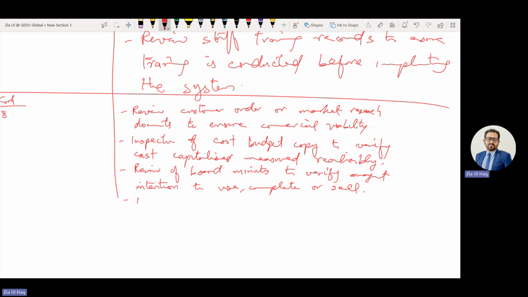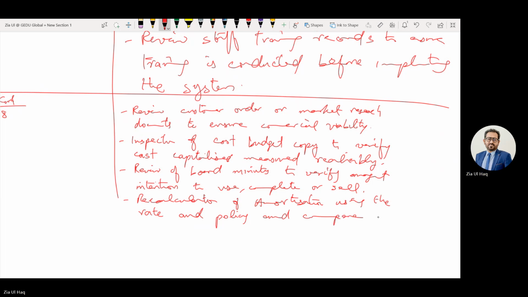So recalculation of amortization using the rate and policy and compare with management calculation for accuracy.